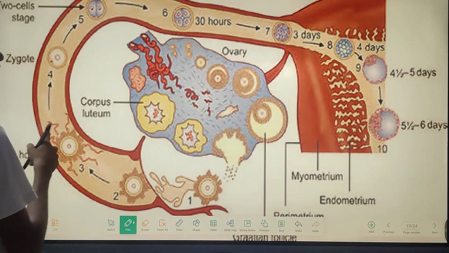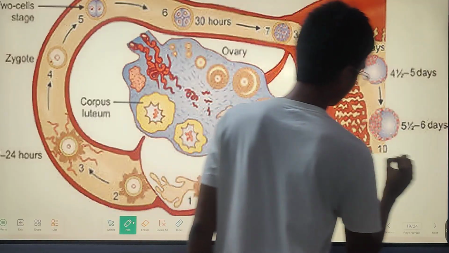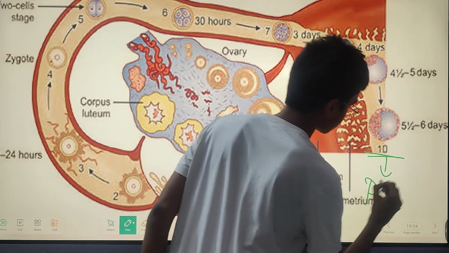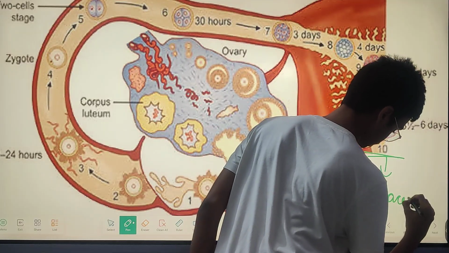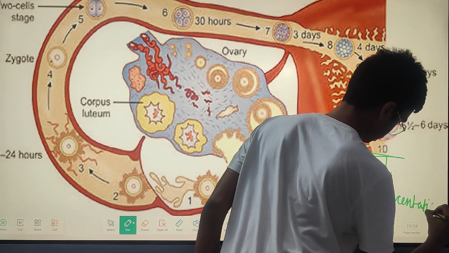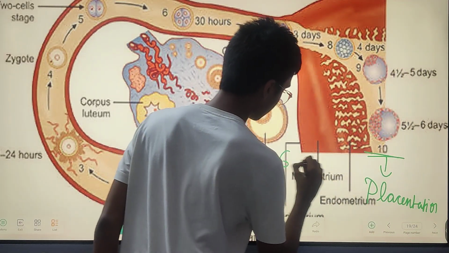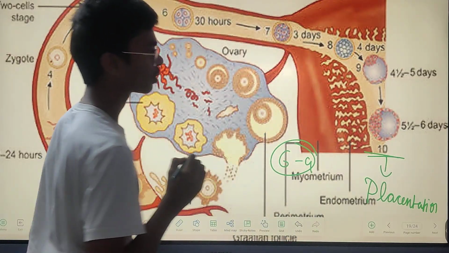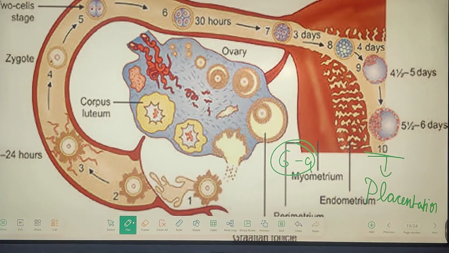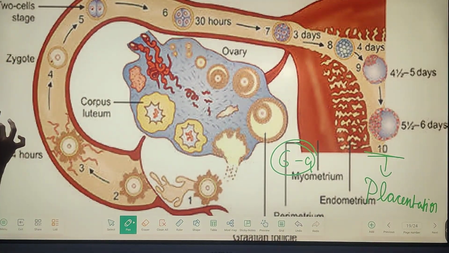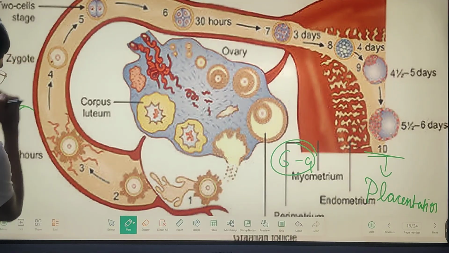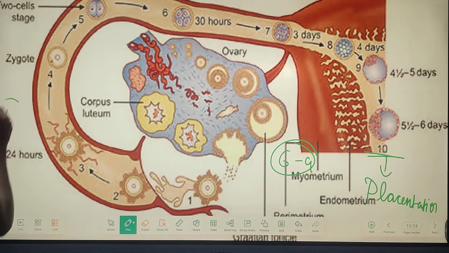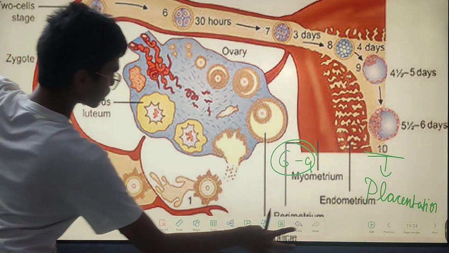You check here, this is the place where placentation happens, generally from the 6th day to the 9th day. See, the total journey starts on the 4th day, the smallest perfect square.